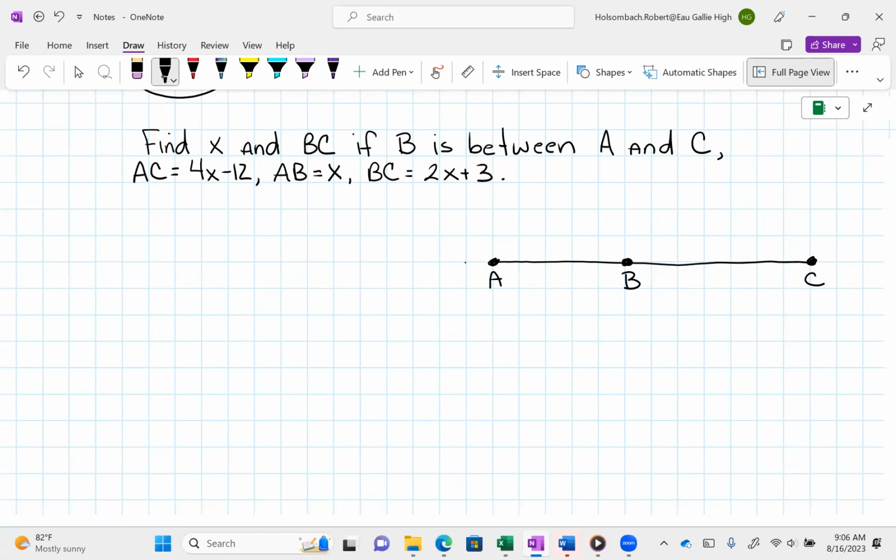And then we're going to fill in the rest of this information. So we've got AC here, which is 4x minus 12. A to B is x. And B to C is 2x plus 3.